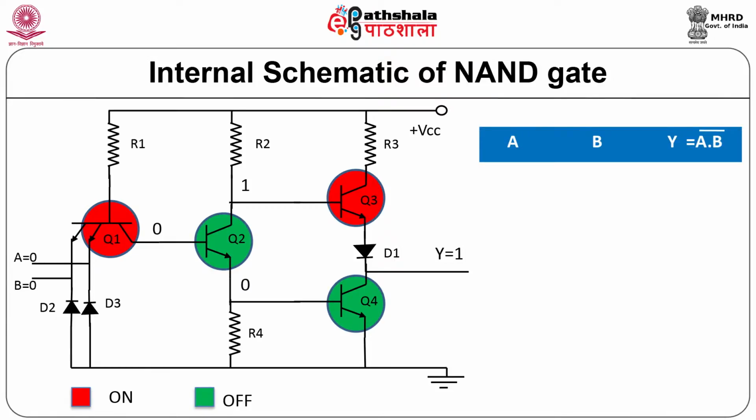Let us see the working of this particular NAND gate. If inputs A and B both are logic 0, then the multi-emitter transistor Q1 is on and therefore the output is logic 0.